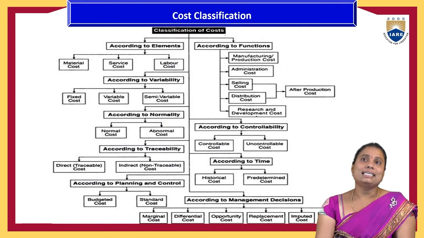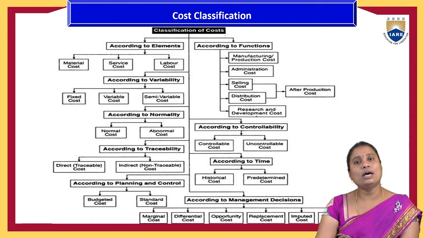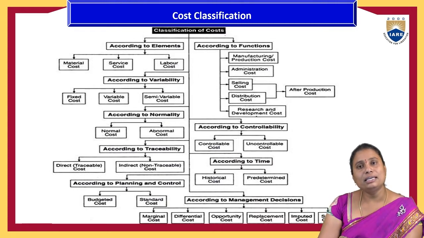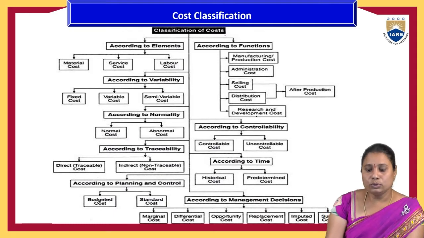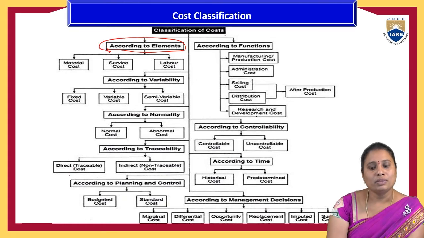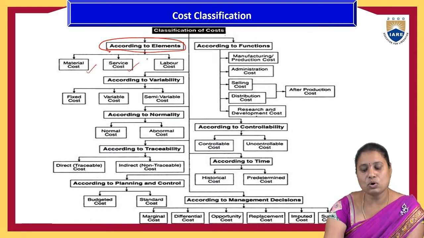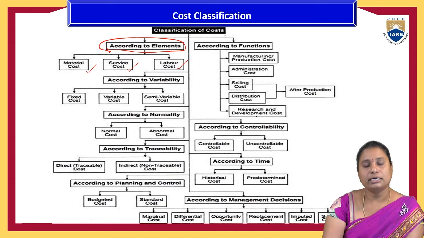Now, if we see the types of costs in an organization, there are many bases for categorizing costs at every production level. According to the elements used at the production level, costs are categorized into three: material cost, service cost and labor cost.